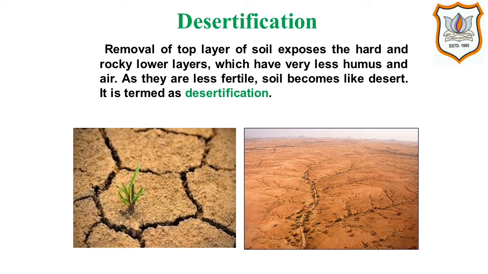This lower layer of soil has less humus and it is less fertile. Plants do not grow well in this less fertile soil. Gradually, the fertile land gets converted into a desert. So, the process by which fertile land becomes desert is called desertification.